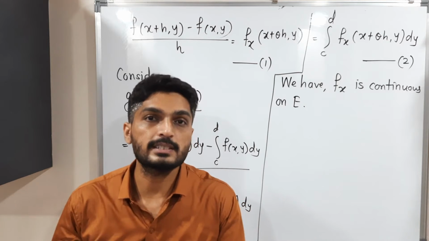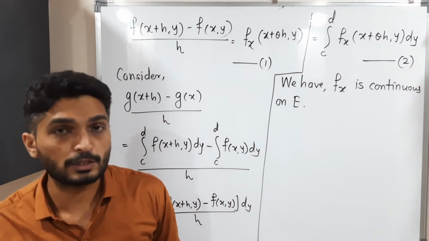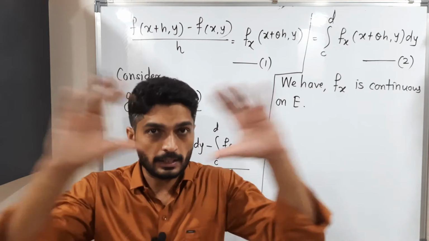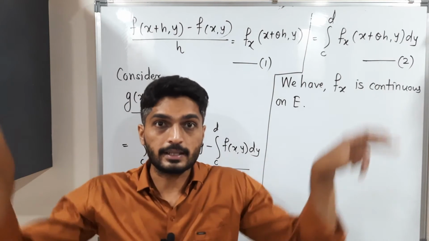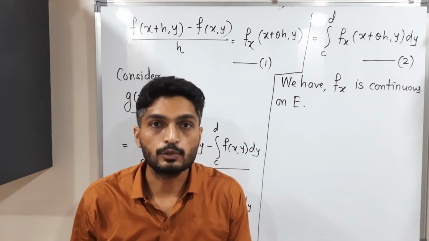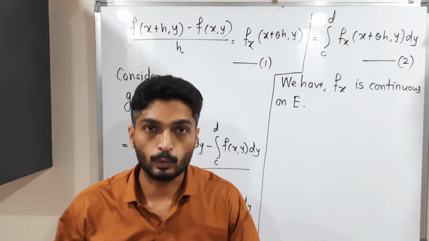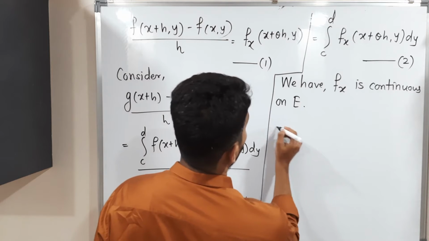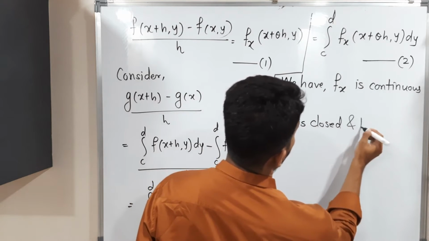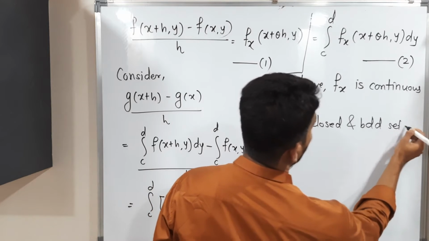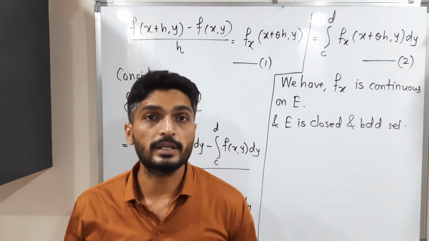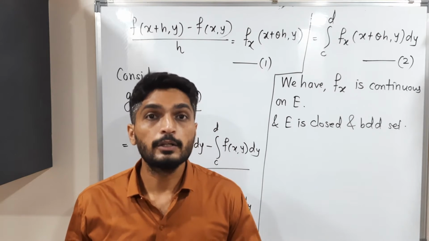Initially, I told you f is a continuously differentiable function, so that's why the partial derivative of f with respect to x is continuous on E. You remember E means a rectangle which lies inside the set U. So f_x is continuous on E, and E is a closed and bounded set. Are you familiar with the result? If you define any continuous function on a closed and bounded set, it is uniformly continuous.